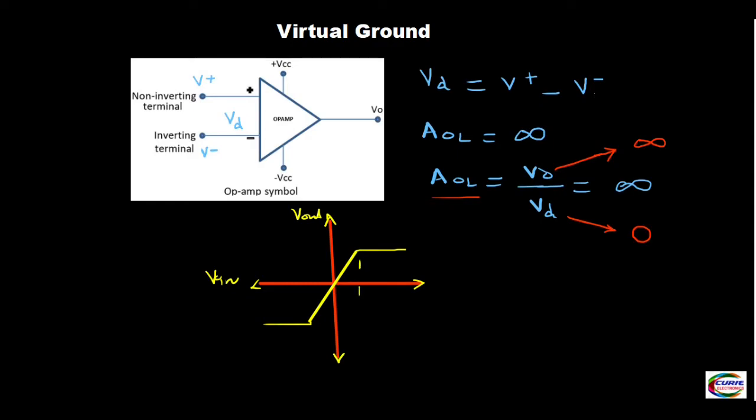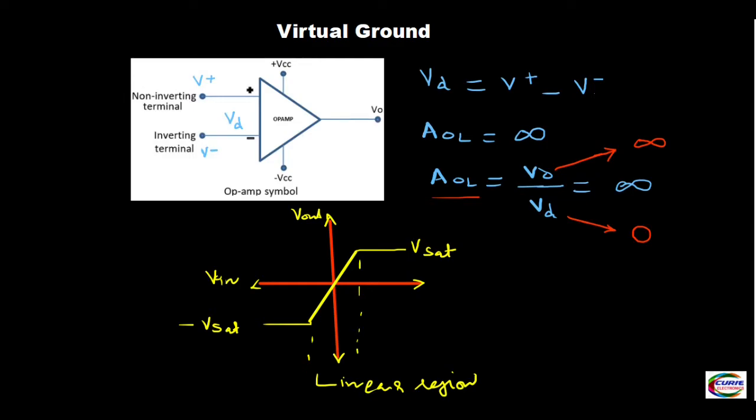And this is the saturation voltage, V sat, on the positive side, and this is the minus V sat. That means it will go to plus VCC or minus VCC.